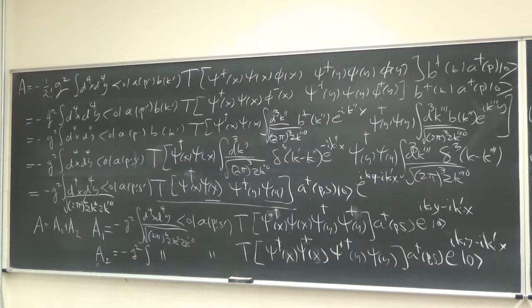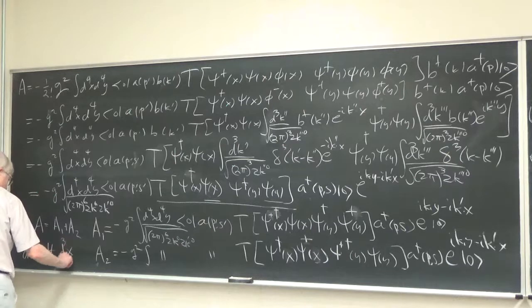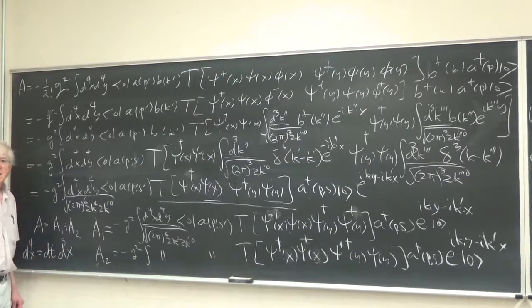Are you considering x to be space and time? Yes, d^4x is space and time, so d^4x is dt. Okay, I was confused because on the other board you separated them out into time and space components. Well, that's because the Hamiltonian is an integral over d^3x of H of x.